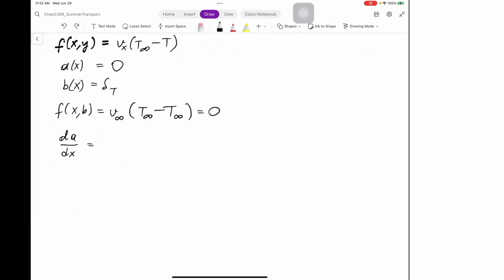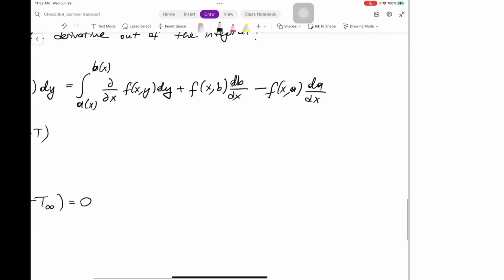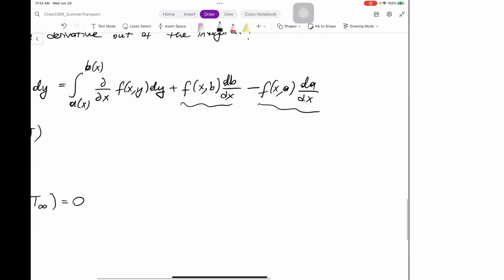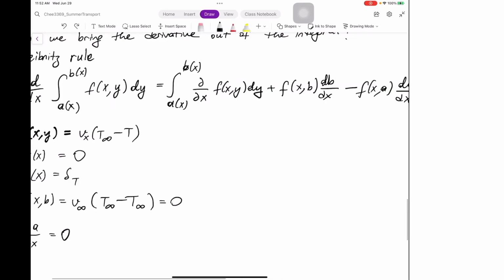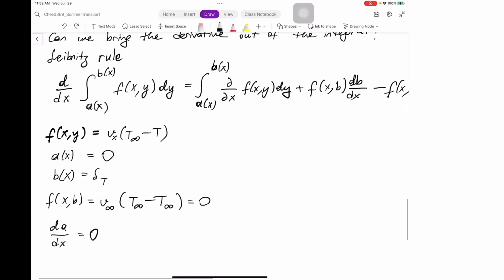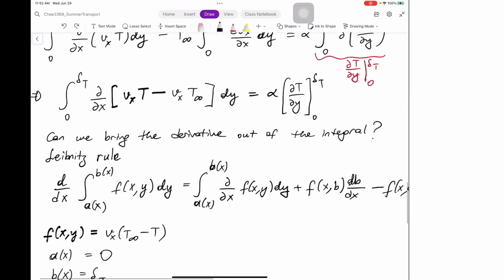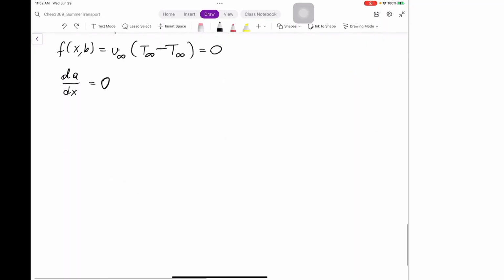With the hope that dA over dx is equal to 0, correct? Because A of x is 0. So this term and this term are 0 for our case. So that means I can take the derivative out of the integral with no harm, right?